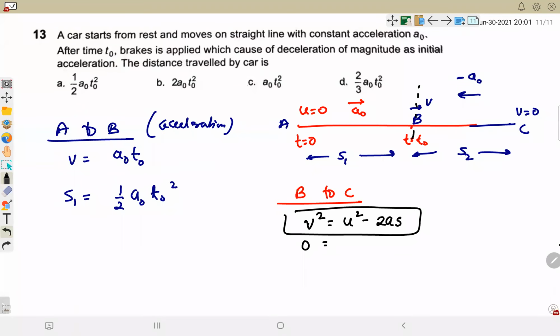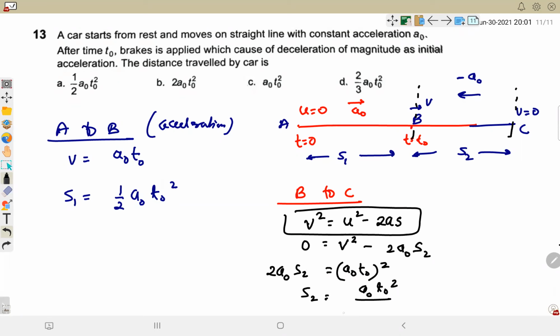Now we are considering only the portion S2 when there is retardation. Initial velocity is v, so 0 is equal to v square minus 2 a naught times S2, where v is a naught t naught, which we have already calculated. So v square is equal to 2 a naught times S2, and S2 will come out as a naught t naught square by 2.